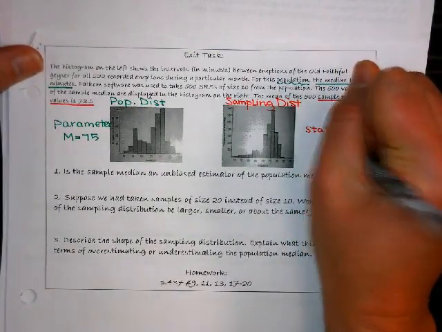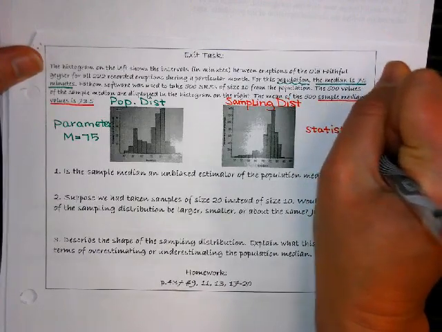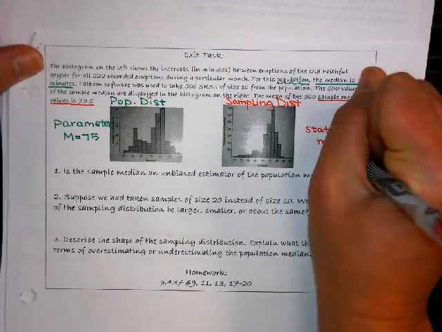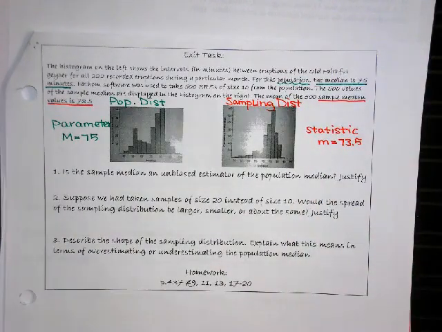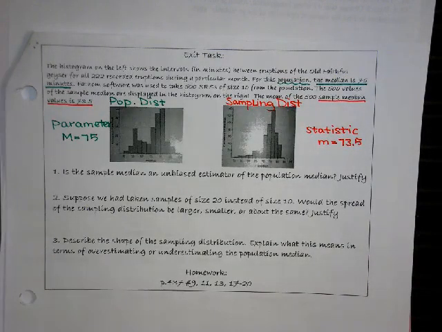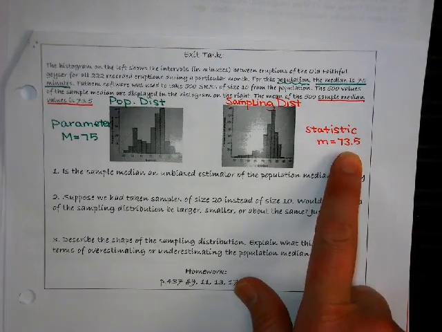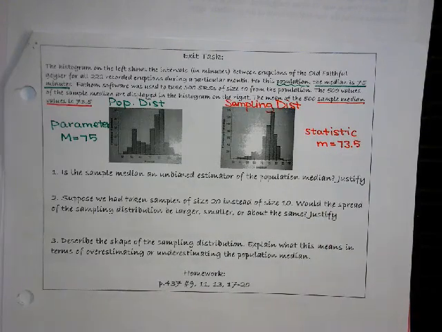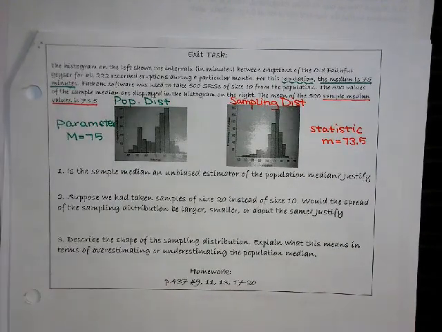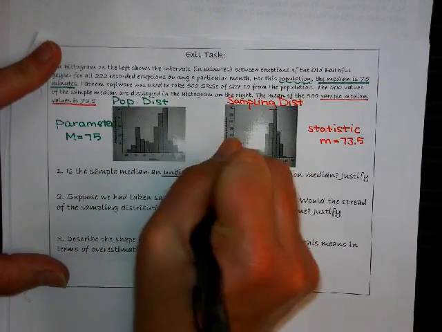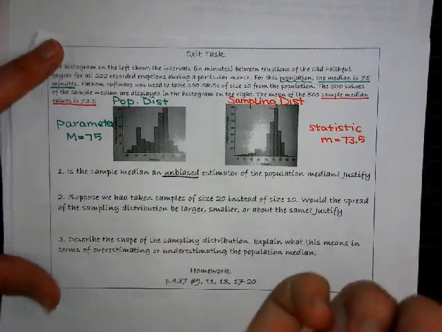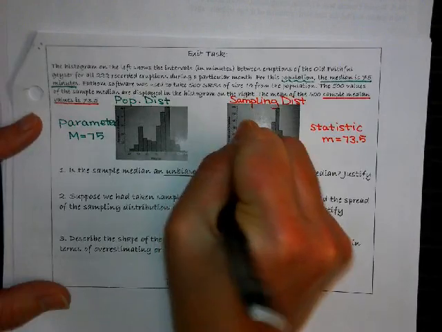So, is the sample median, 73.5, an unbiased estimator of the population median, 75? Do we have bias? Yes. We have bias. So the answer would be no, it's not unbiased. Unbiased means there's no bias, right? That word right there means we have no over or underestimation.